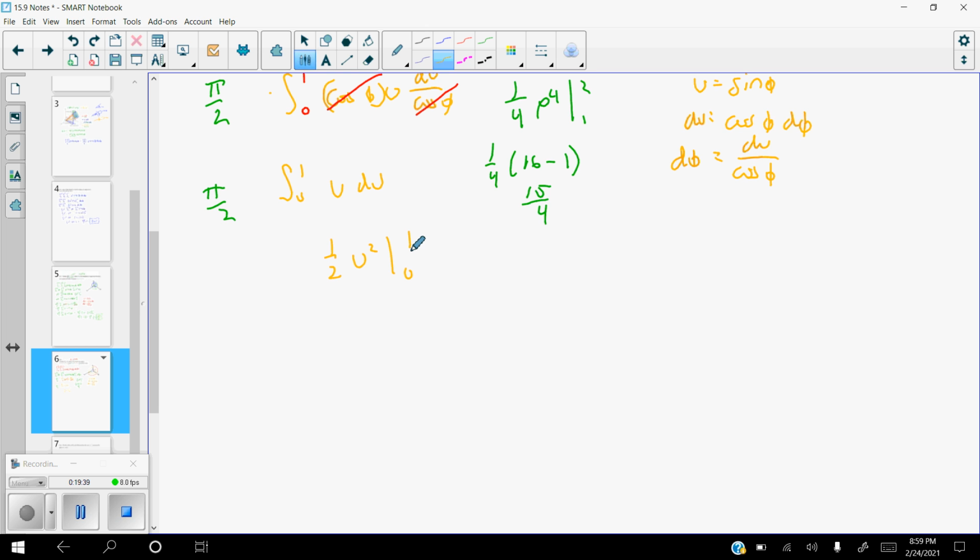Plugging in the 1 gives me a half. Plugging in 0 gives us nothing. So I'm going to bring down the pi halves. I'm going to bring down the 15/4. And it does not look like anything is going to cancel out. So it looks like we're going to get 15 pi 16ths. And that should be the mass in between those two spherical pieces in the first octant.